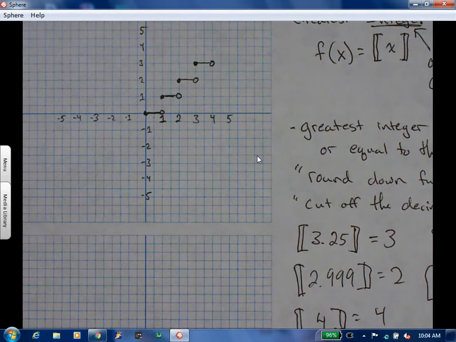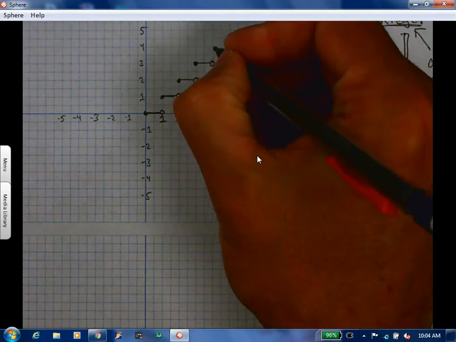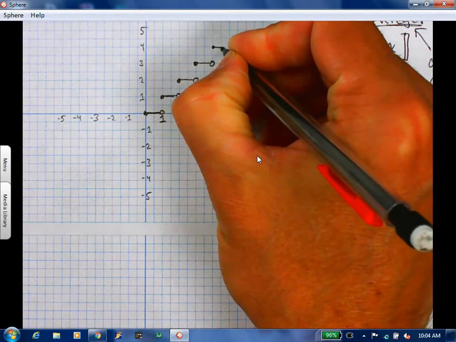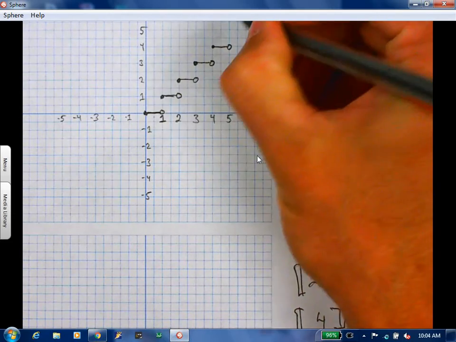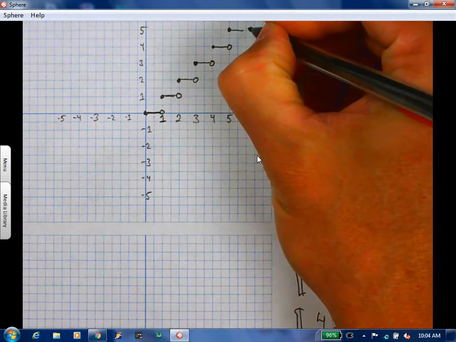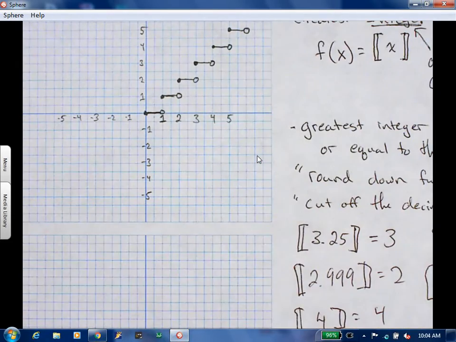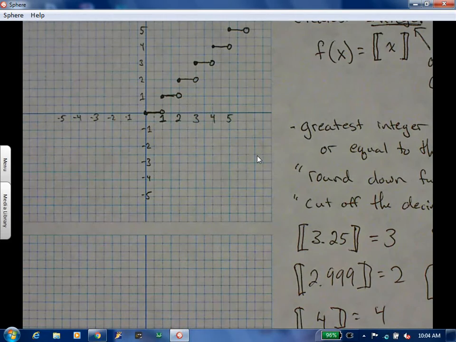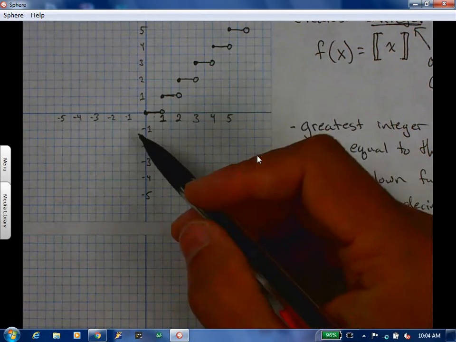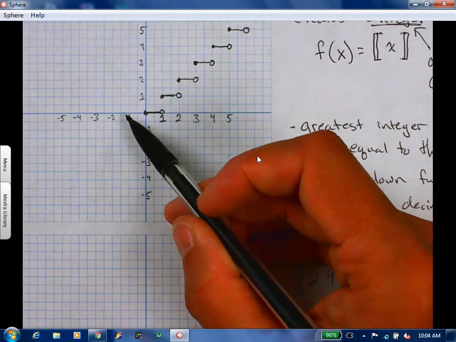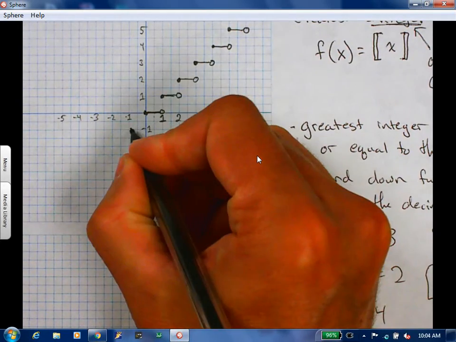Okay, so you can keep going, because we can go the other direction as well. Now, if I go to the negative side, anything between -1 and 0 is going to get rounded back down to -1.